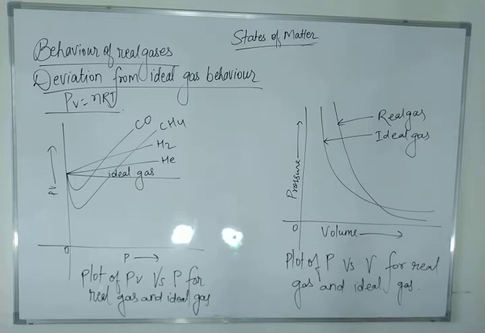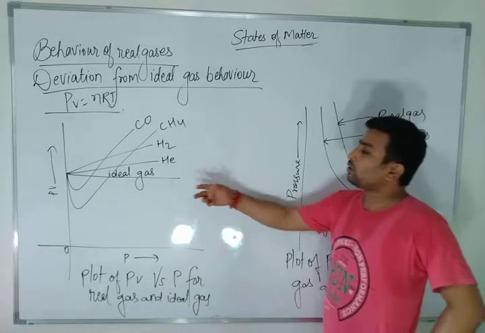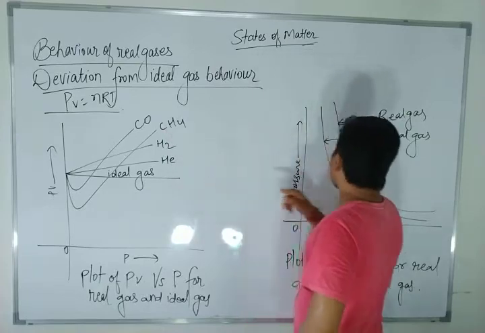From these plots it is apparent that at very high pressure, the measured volume is more than the calculated volume. At low pressure the measured and calculated volumes cross each other. So it is found that real gases do not follow Boyle's law.